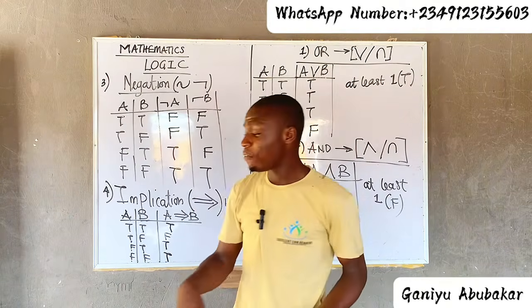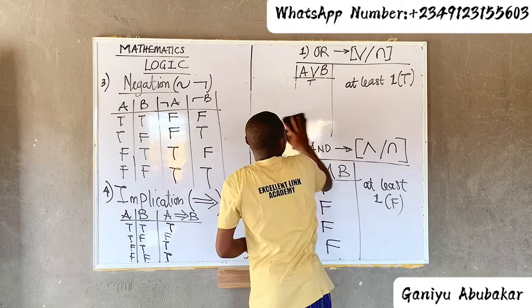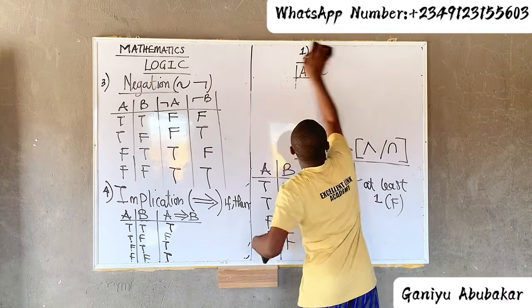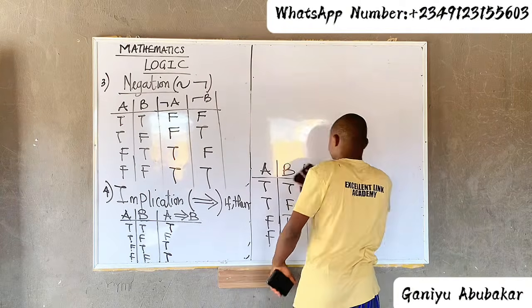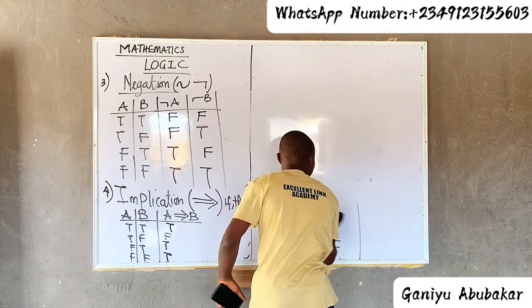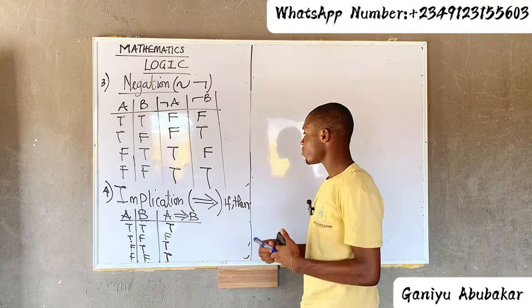Finally, let's look at what we refer to as the last connective, known as biimplication, and then solve some past questions, and see how you can evaluate problems involving truth tables.